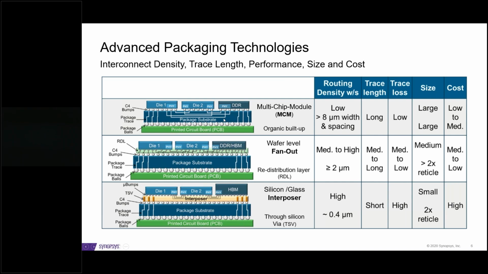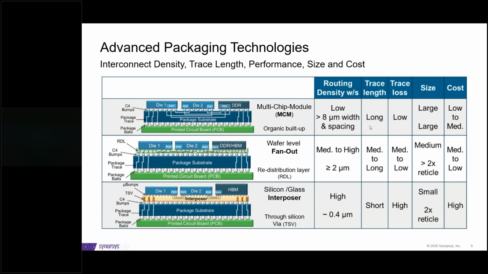And of course, the die-to-die connections are happening within the package substrate. But as I mentioned, it has some limitations in terms of the width and spacing in these devices. You cannot go anything smaller, but it has broader acceptance and capabilities within the market.